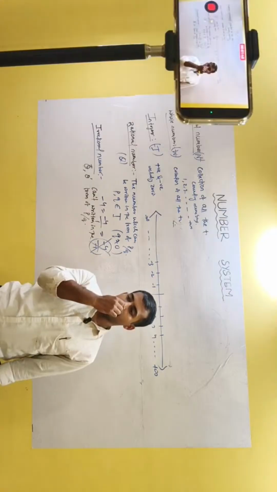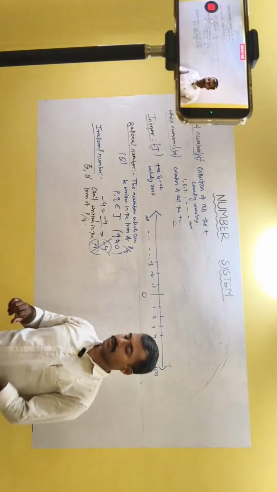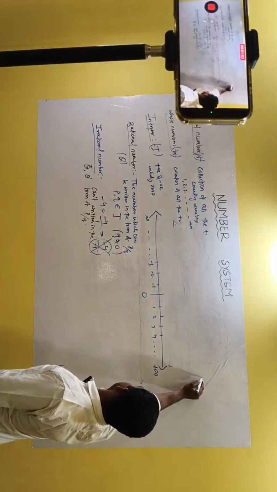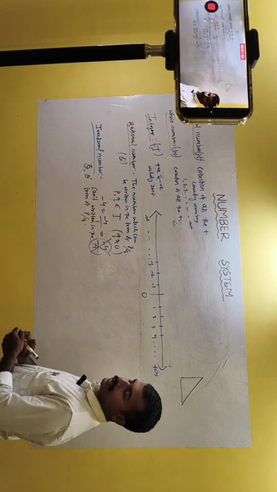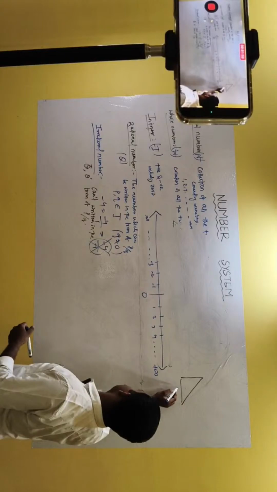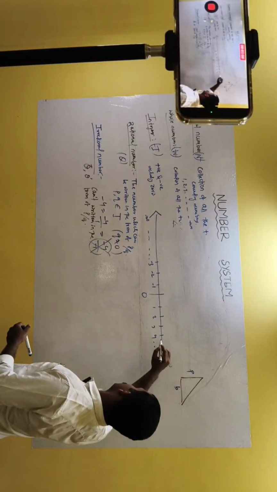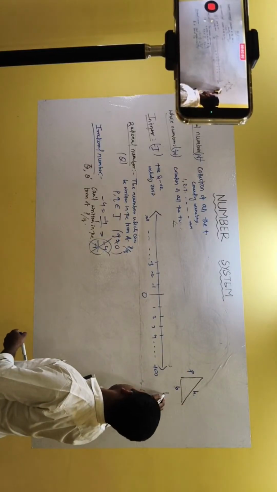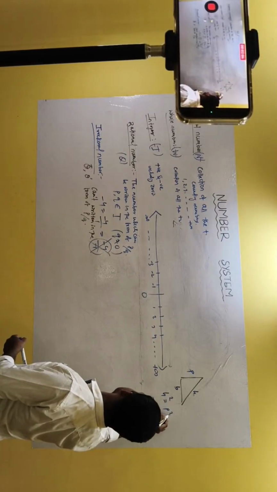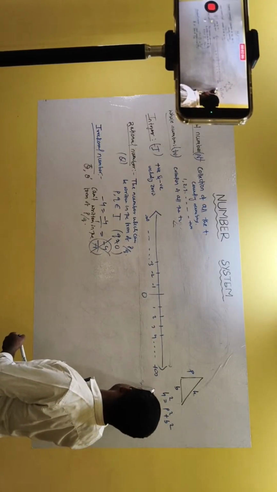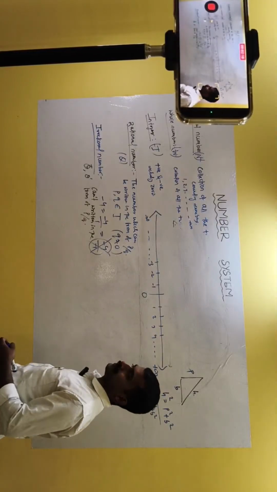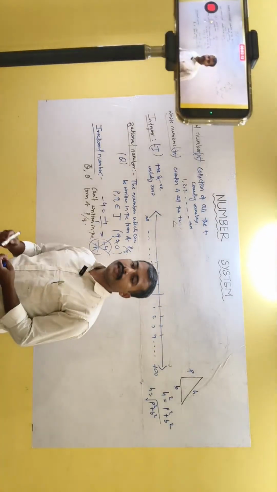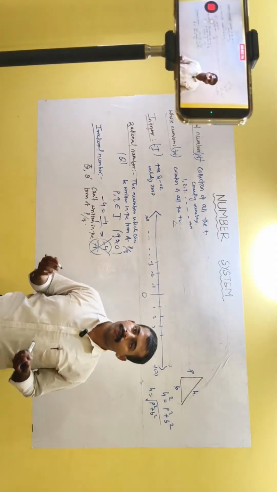If there is a right angle triangle, this is the base, this is the perpendicular, and this is the hypotenuse. Hypotenuse square is equal to perpendicular square plus base square. Now we need root 2.